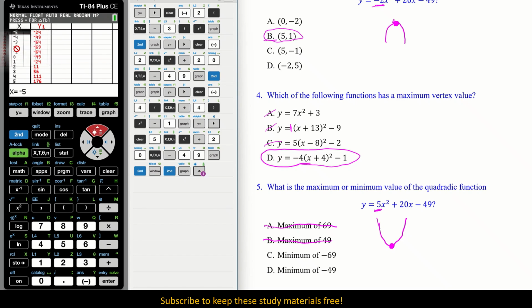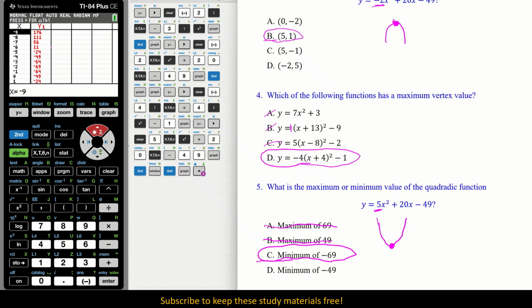Looks like our minimum is -69 because above it and below it, everything increases. See how it increases in pretty big steps going both ways. So we have just verified that at -3, our minimum is -69, and that gives us option C, verified.